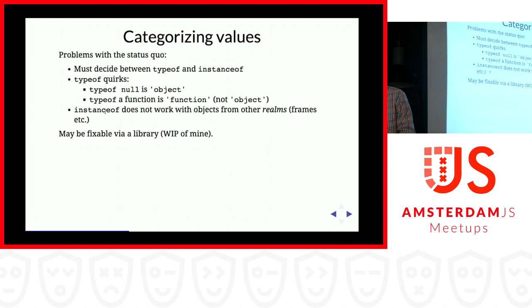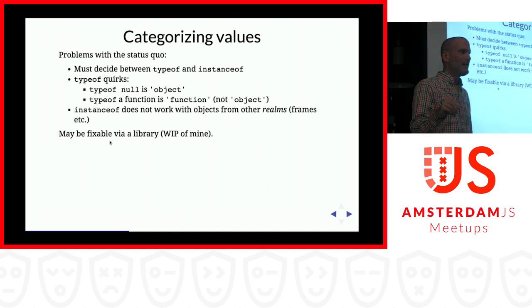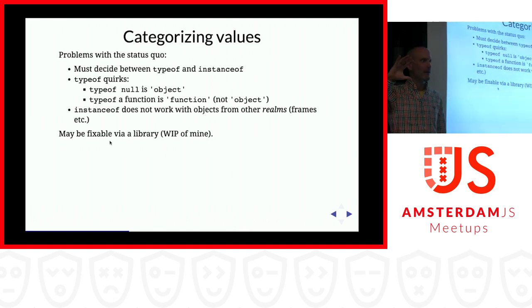And instanceof does not work as soon as you receive a value from another so-called realm. Realms are, for example, if you get a value from another frame on a web page, that different frame has its own set of global variables.